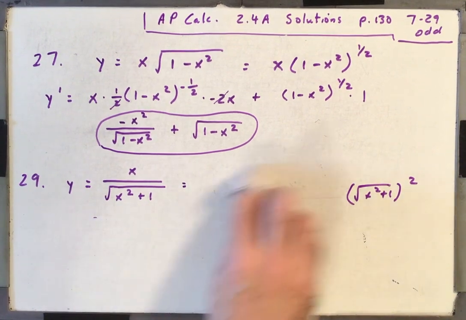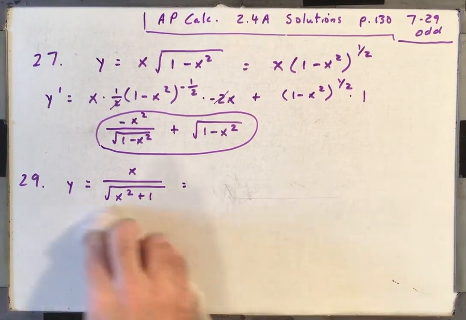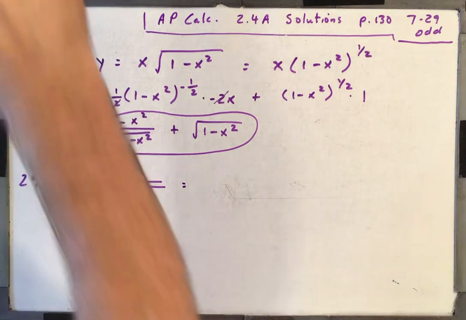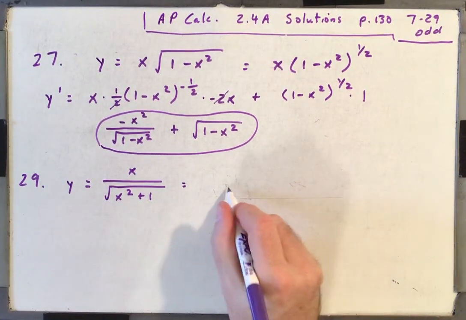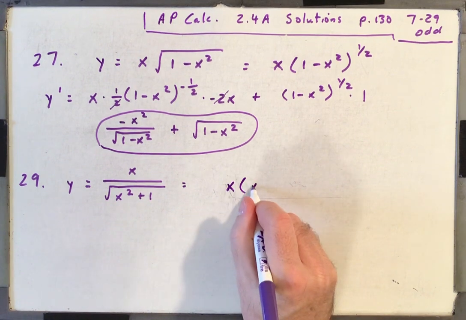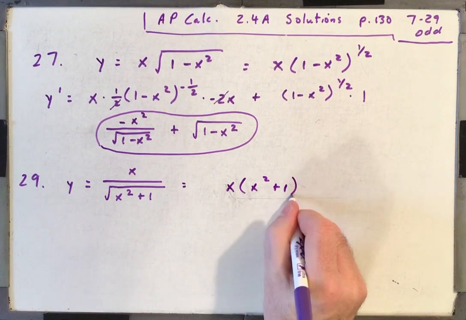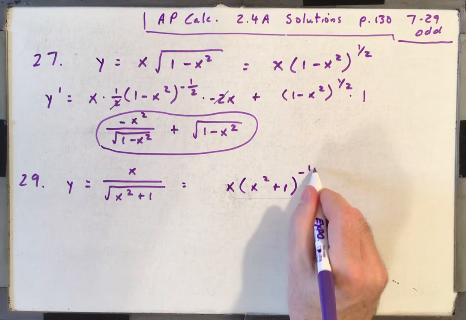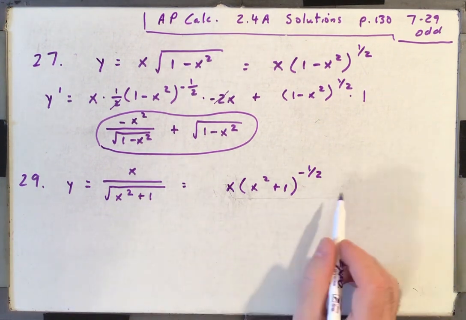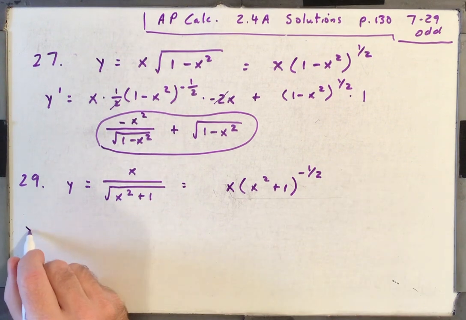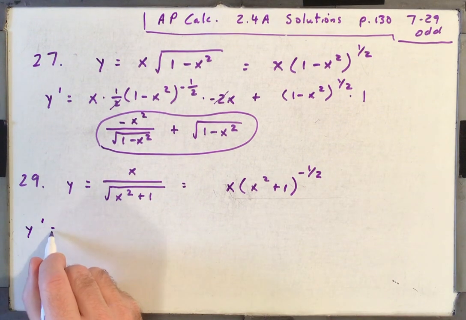How about instead, let's try to avoid the quotient rule and write it as x times x squared plus 1 to the minus 1/2. What if we wrote it that way? It's the same thing. Now we have a product rule and we don't have that stupid monster fraction.